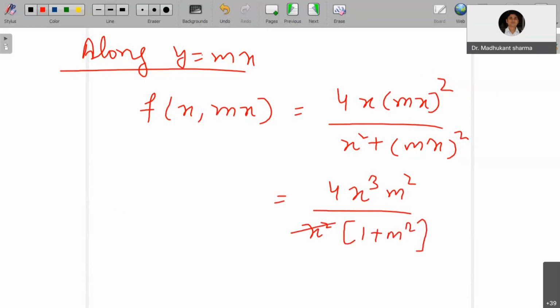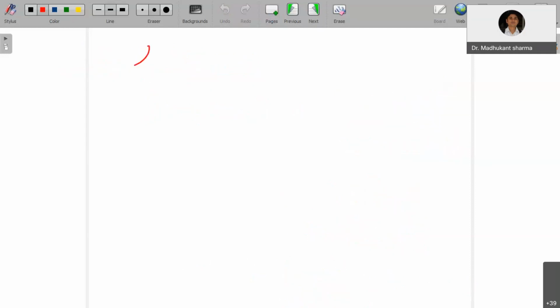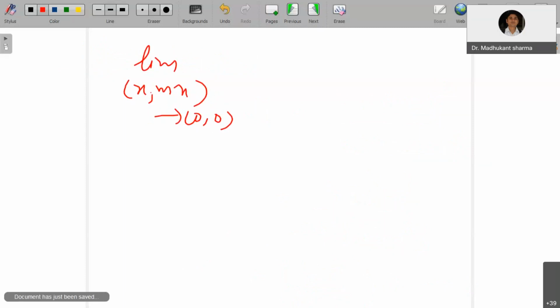If you simplify it, you get 4m square by (1 plus m square) times x. And if x tends to 0, this also tends to 0. So along y equals mx, the limit as (x, mx) tends to (0, 0) of f of (x, y) is 0.